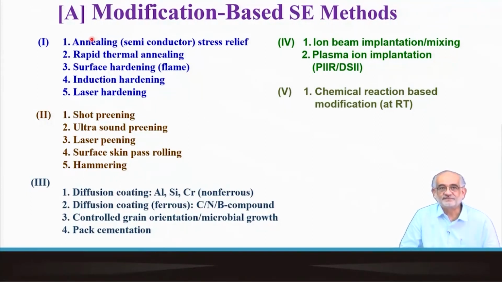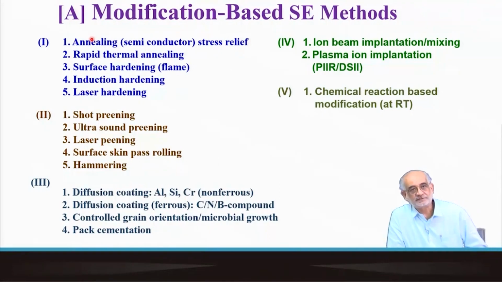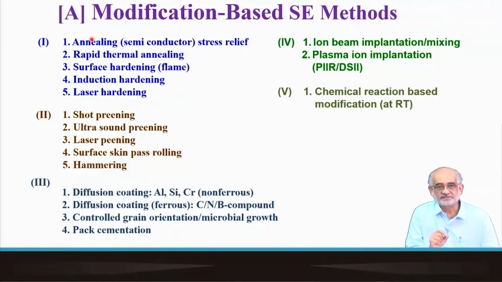I can even irradiate with a laser beam and treat very specific locations, where I am able to subject that small volume to a thermal cycle: it goes from room temperature to high temperature, stays for a while and then comes back. In the process of heating and cooling, I change the microstructure and bring in certain wear resistant properties. So this is all by thermal heating.